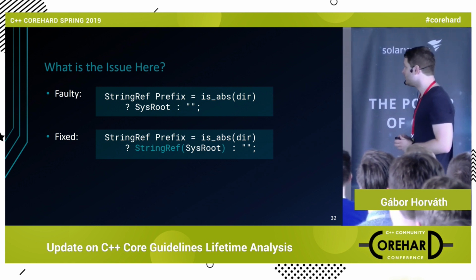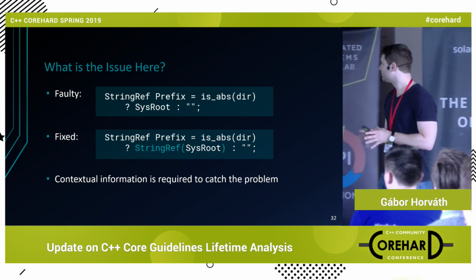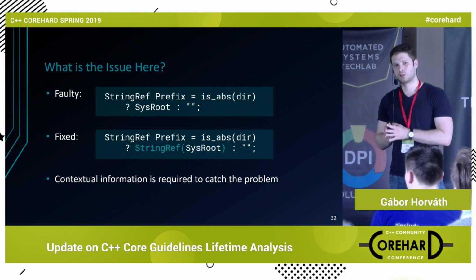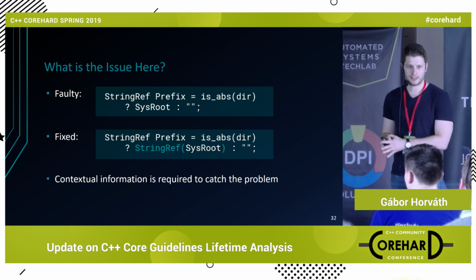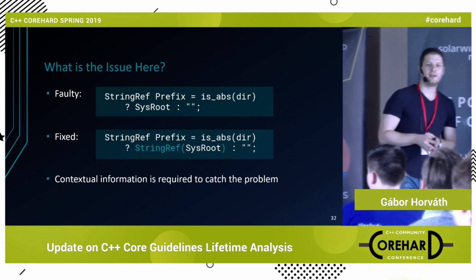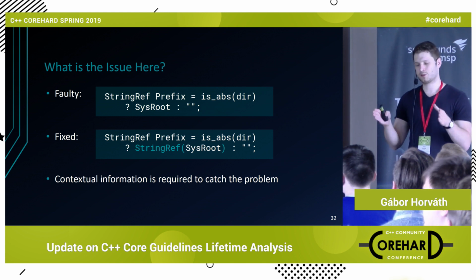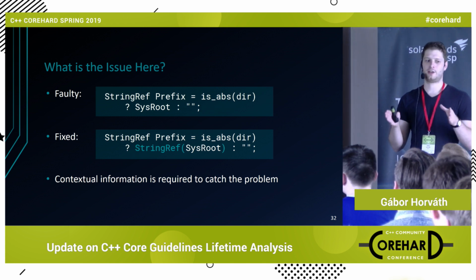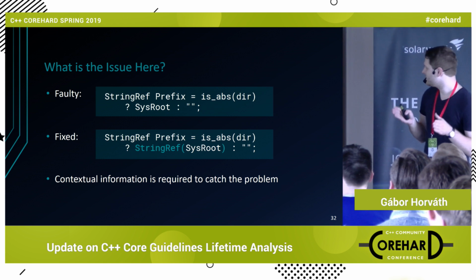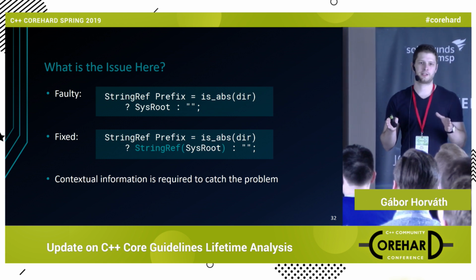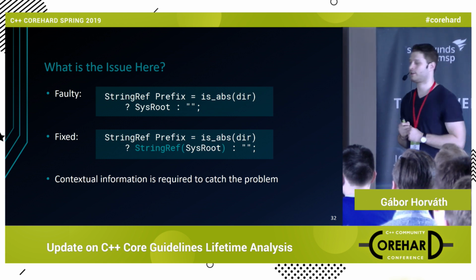So actually, this is why I believe it is useful to have such a simplistic check in the compiler, because even though it only looks at a very small code snippet and does not consider any of the control flow, it still has all the contextual information that developers can forget about.